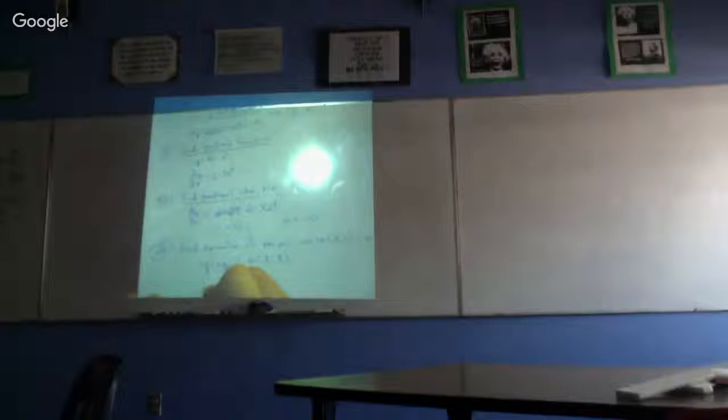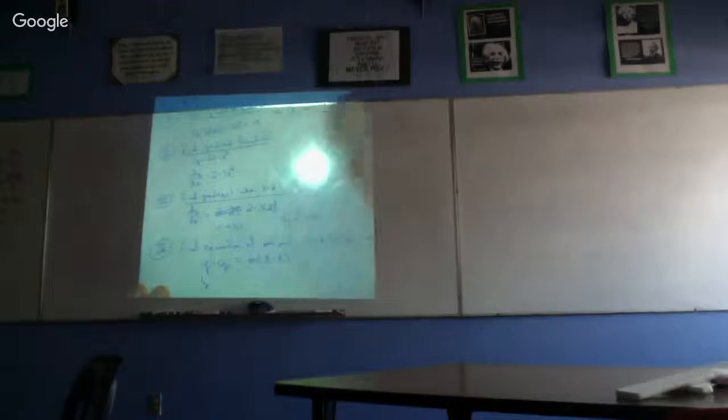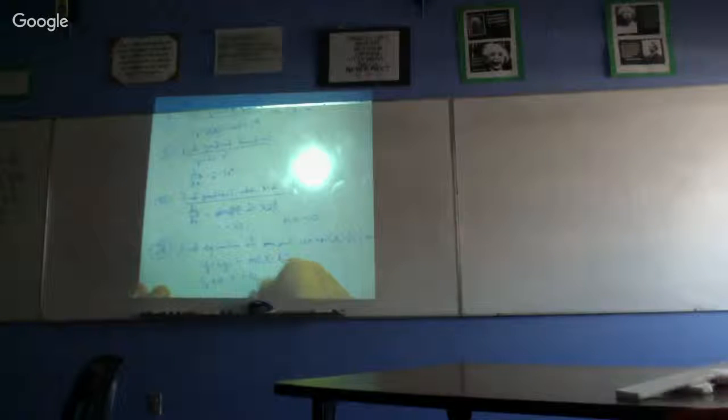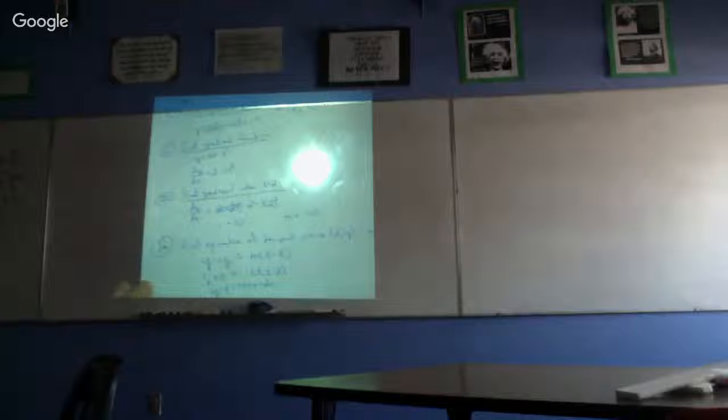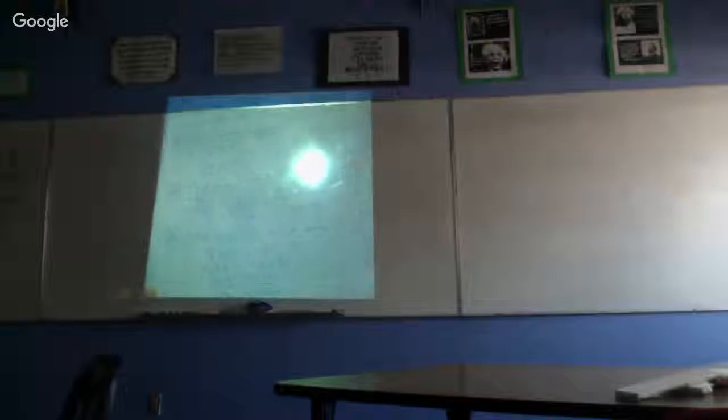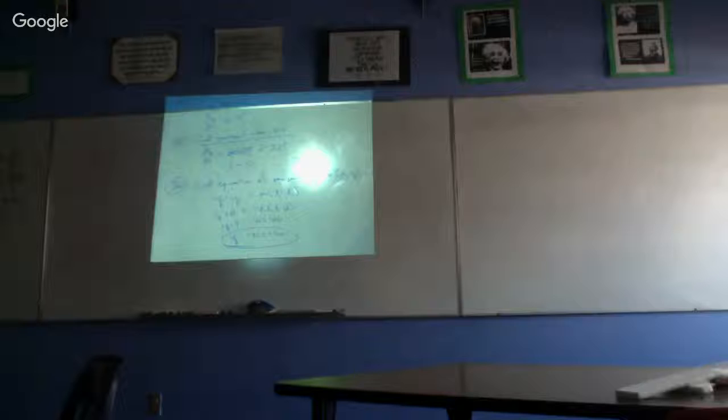Plug it in. y minus negative 4, so y plus 4, is equal to -10 times x minus 2. y plus 4 is equal to -10x plus 20. y is equal to -10x plus 16. There is the equation of your tangent line.